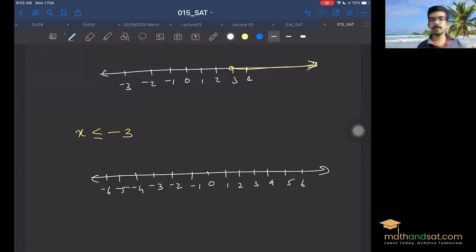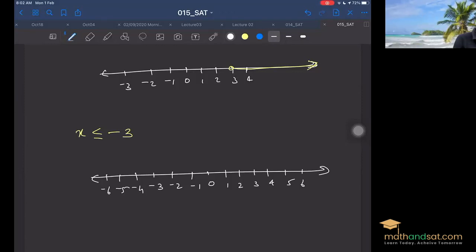If it says x less than or equal to minus 3, what does it mean? All numbers less than minus 3. On the number line, all numbers to the left side of minus 3 will form the solution set.